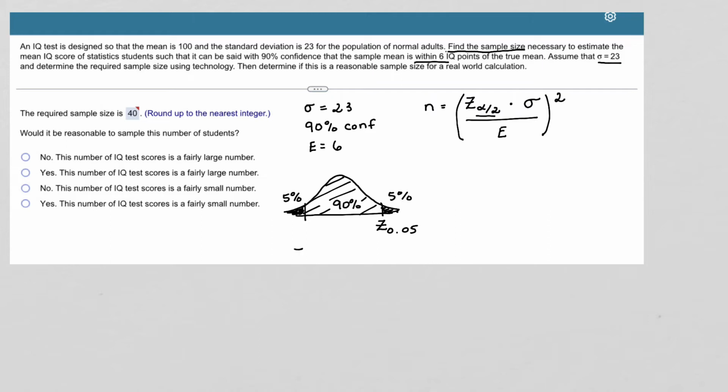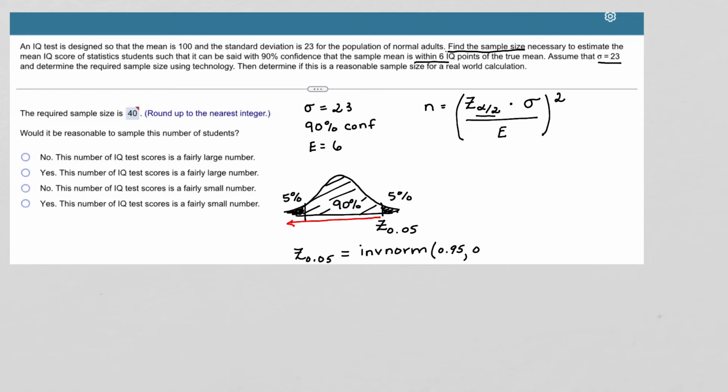So to find z sub 0.05 in the calculator, I'm going to use inverse norm. And I'm going to say what percentage falls below that score. So whatever score z sub 0.05 is, there's 95% that falls below there. So I'm going to put in 0.95.